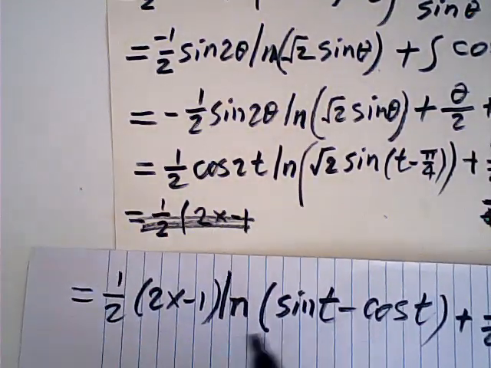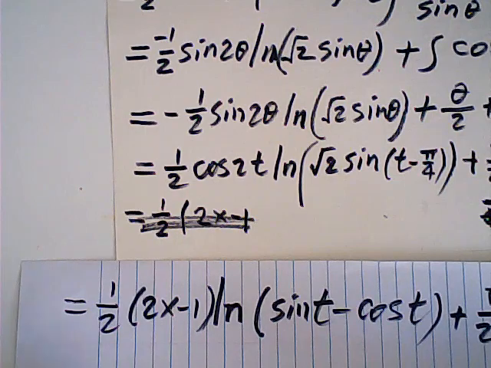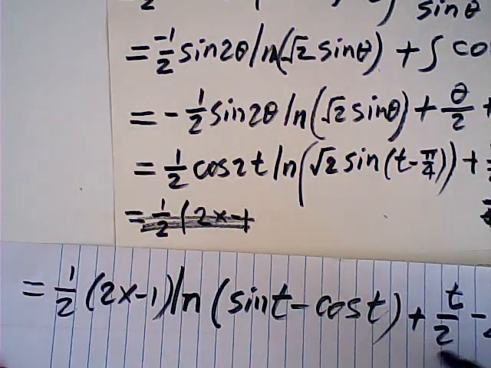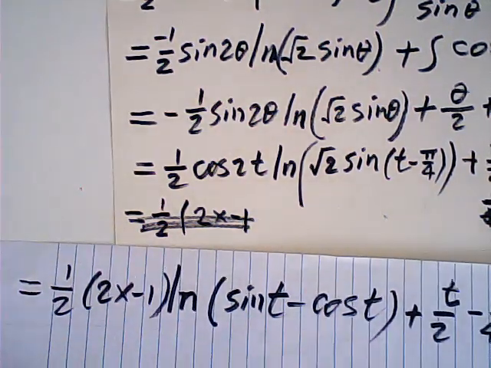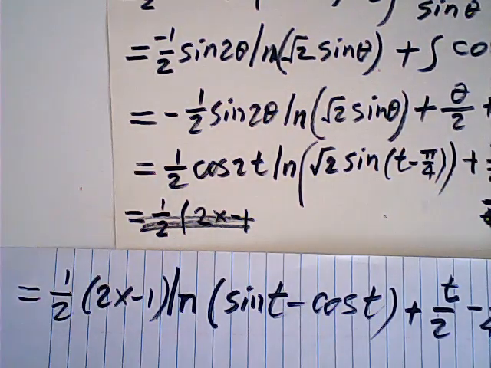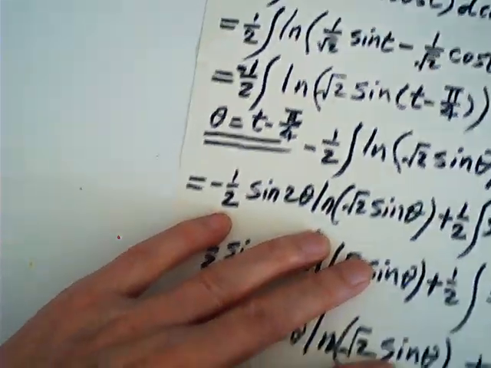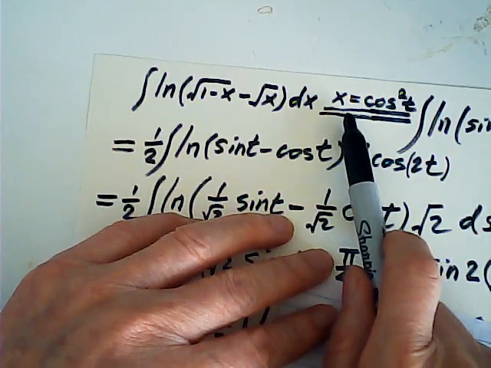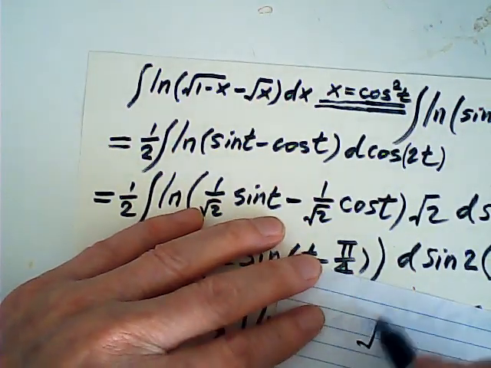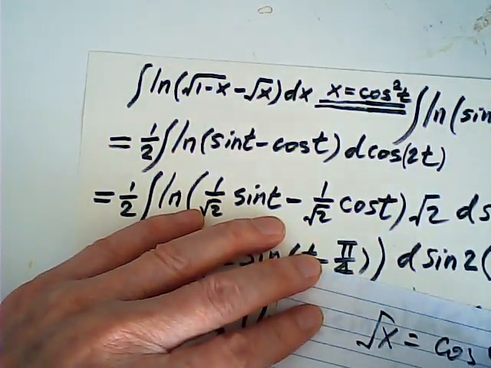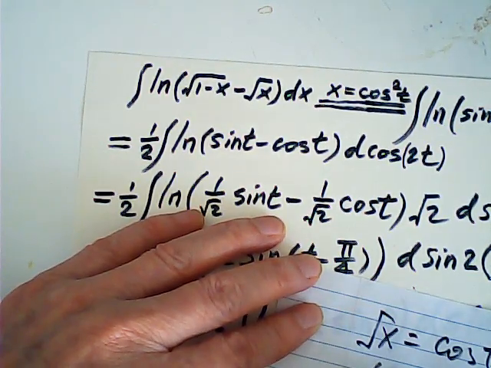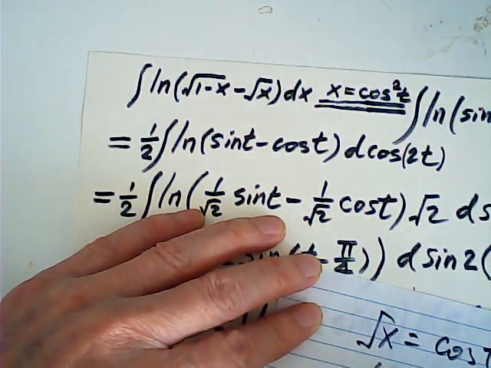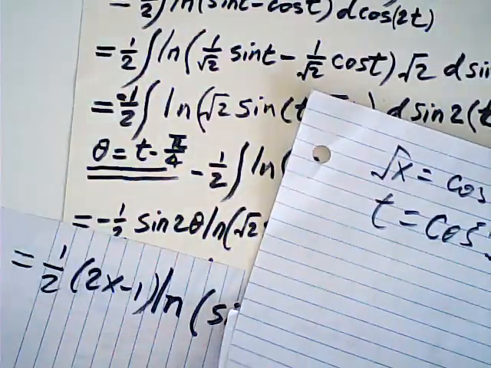So now we convert back to x. Left over this t. What's the t? Too many substitutions. x is equal to this. Root x is equal to cosine t. So t is arc cosine root x.